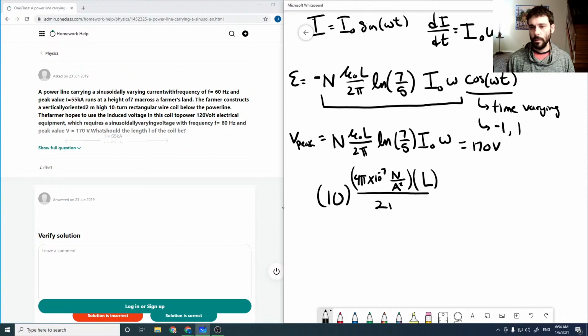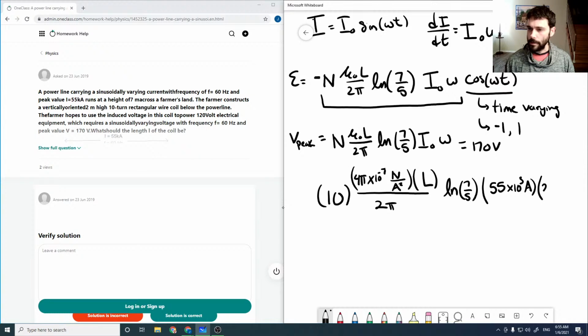Over 2 pi. ln of 7/5. And then our current is given as 55 kiloamperes, so times 10 to the 3 amperes.